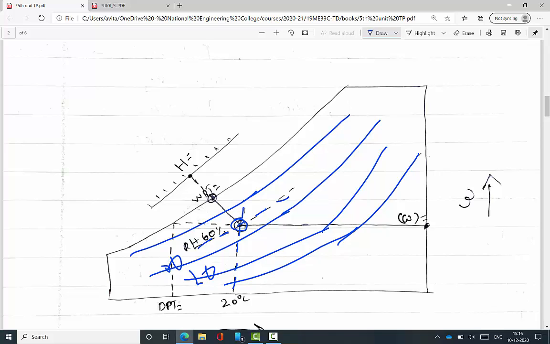From that point, horizontally I draw a line from left to right, which shows the specific humidity value. Also from that point I draw a line from right to left, and it touches the extreme curve. From that curve I draw a vertical line. Here we get the dew point temperature.